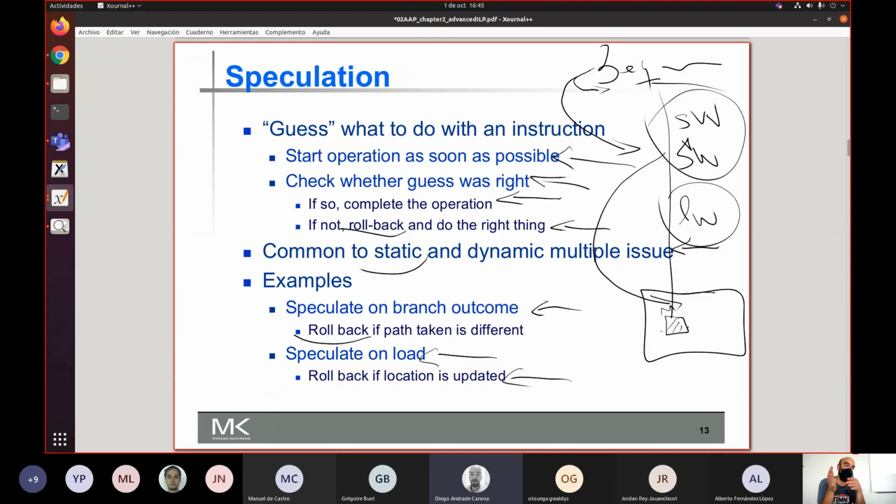So the solution for this is just to speculate, to think, okay, I'm going to guess that this position is not going to be updated. Then I'm going to make the load operation. But if finally you discover that you were wrong, you have to roll back, to rewind that situation and make the load of the appropriate value. Okay.